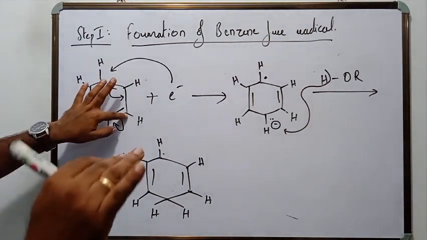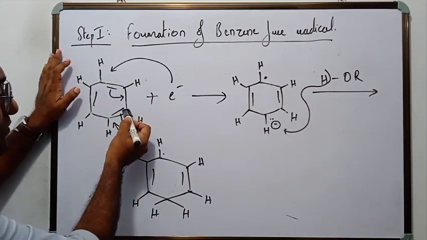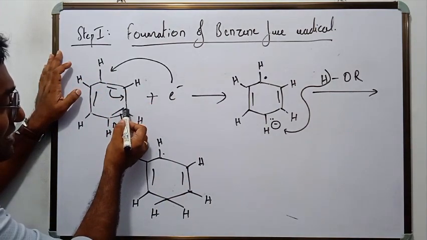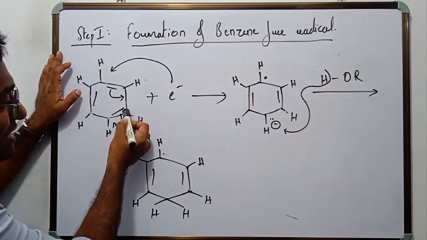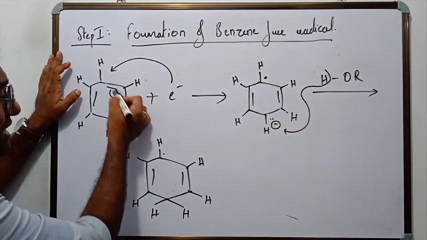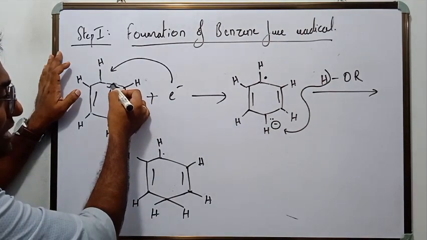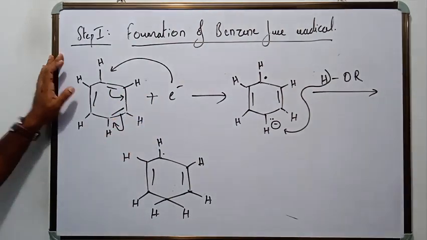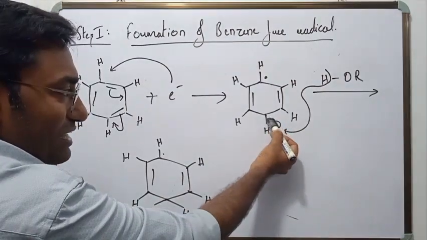It doesn't have a 3s shell. There is no 3s orbital. So what would happen when this comes here? Here this carbon's 8 electrons were already satisfied. It had octet configuration, but when this comes here, because carbon doesn't have a 3s orbital to accommodate this pair of electrons, this pair actually goes here. Now this pair of electrons has come here.